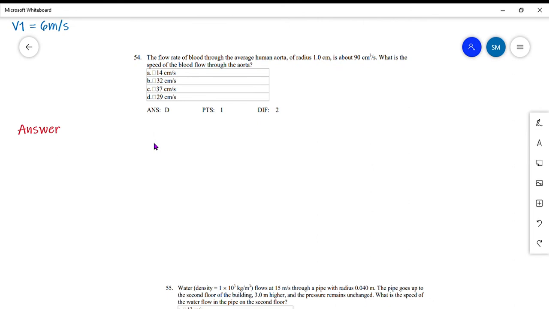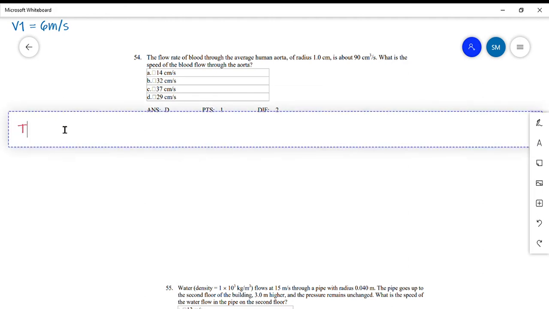Question number 54. He gave us the flow rate, which is the volume flow rate because the unit is centimeter cube per second, and he gave us the radius. From the radius we can calculate the area, and he wants to know the speed.